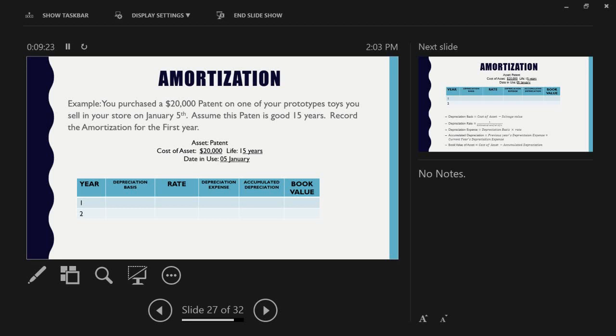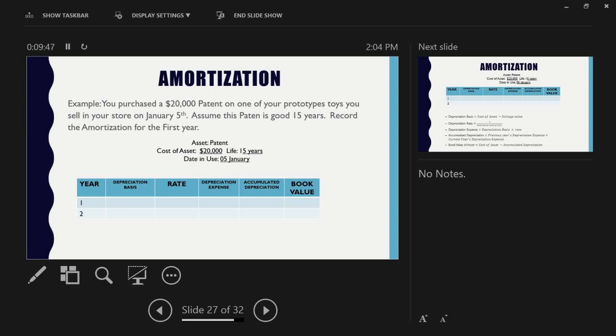A few things we need to know. The 5 components are the same except for the last one. You only need 3 components, because amortization only has one method: it follows straight line. There is no salvage value, so that eliminates 2 of the 5 components we learned.